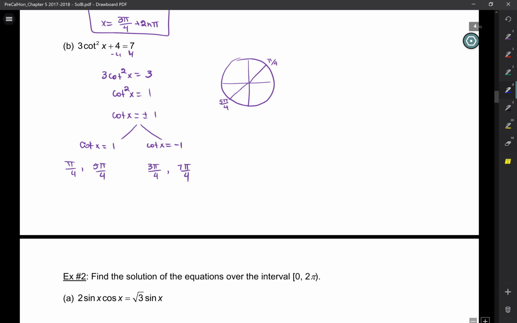And I have, what is this one? 3 pi over 4 and 7 pi over 4. Okay, so take a look at the pi over 4. Where is the next one after I go how many degrees? Pi, right? And then the next one is after I go pi. So it's just pi over 4 plus n pi. So the purple ones can be summed up as pi over 4 plus n pi. What about the blue ones? 3 pi over 4 plus n pi.